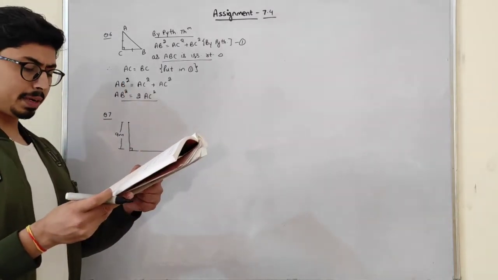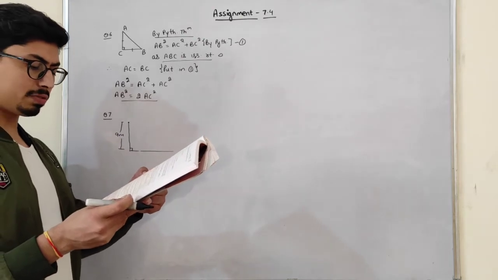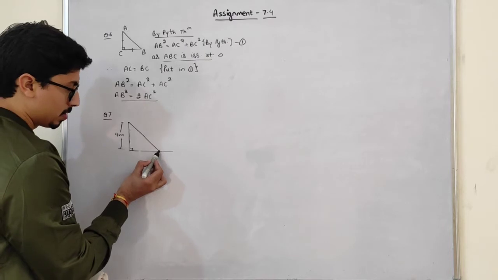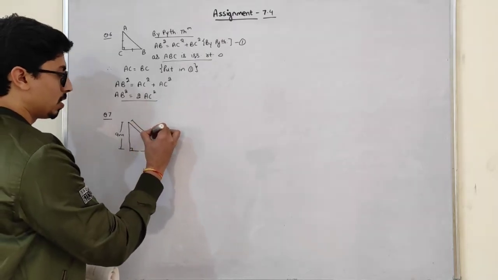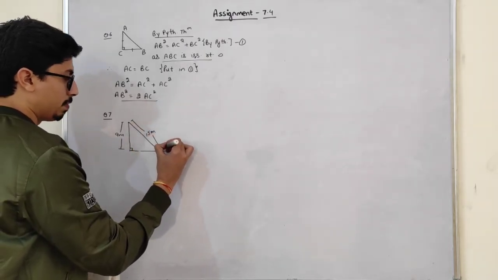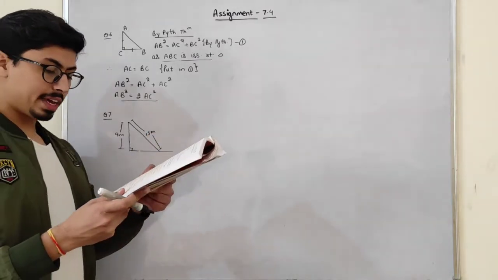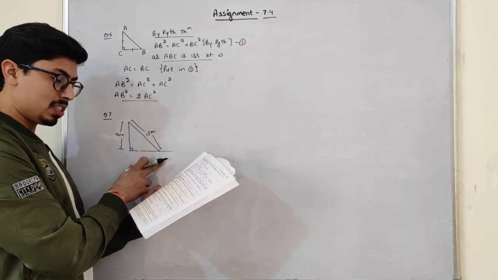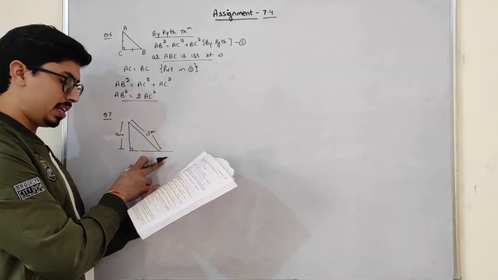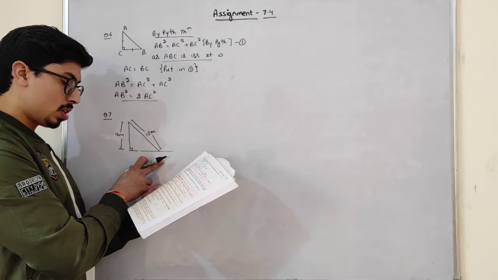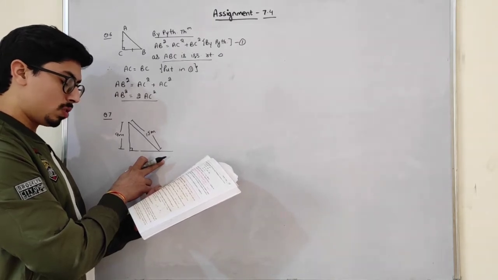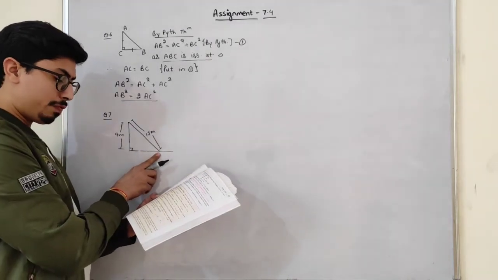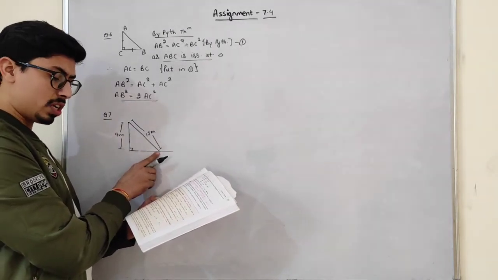And a ladder is kept, okay, in such a way that it is 15 meter. So, okay, this is 15 meter. Ladder is how much? 15 meter. Okay, keeping its foot at the same point, the ladder is turned to the other side, to reach a window.